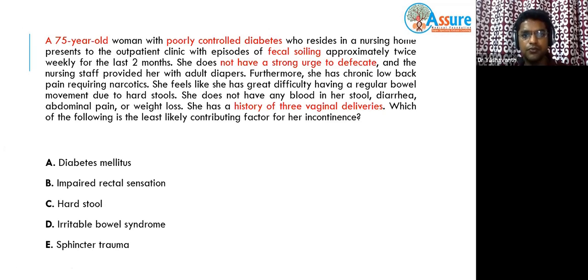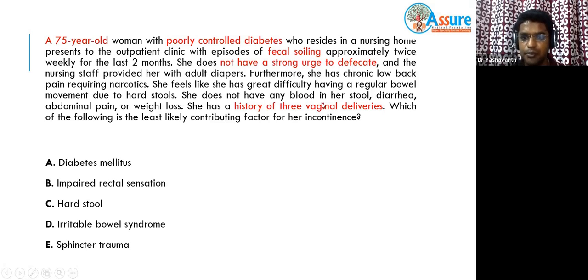A 75-year-old woman with poorly controlled diabetes resides in a nursing home, presents to OPD with fecal soiling. She does not have any strong urge to defecate, and nursing staff provided her with an adult diaper. She has chronic low back pain requiring narcotics. She has great difficulty having a regular bowel movement due to hard stool.